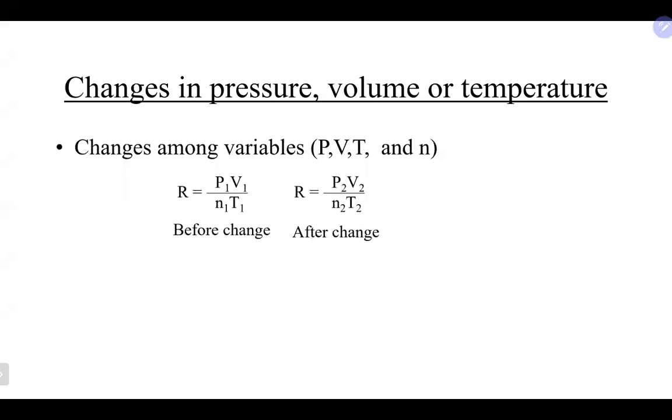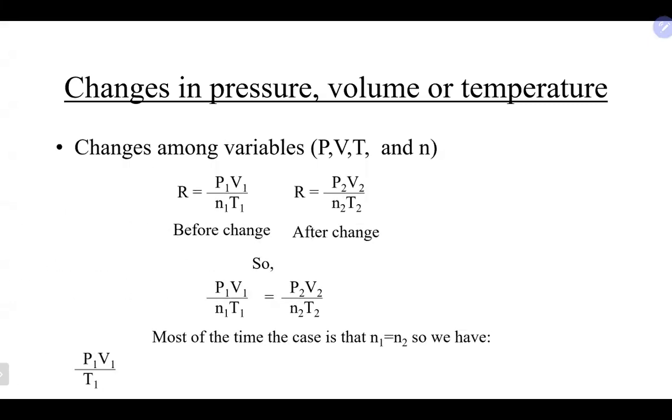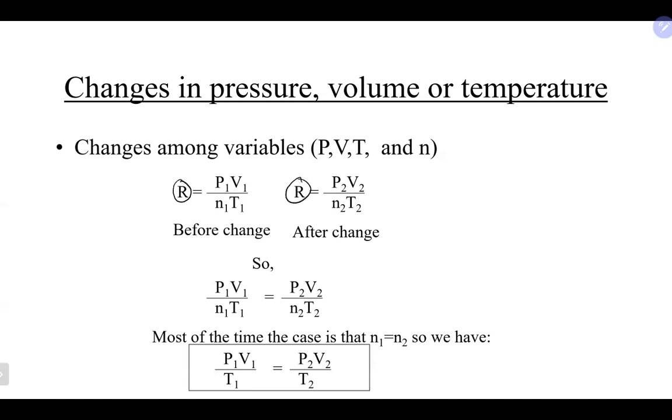Okay. So let's talk about another gas law here, one that actually takes into account all three variables, pressure, volume, and temperature, all together. We actually take the ideal gas law and solve it for R in two different situations. Since R is a constant, we can set these equal to each other, and we get this relationship here of P1V1 over n1T1 is equal to P2V2 over n2T2.